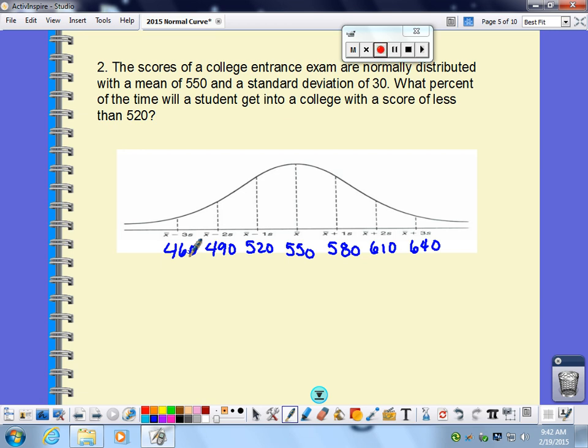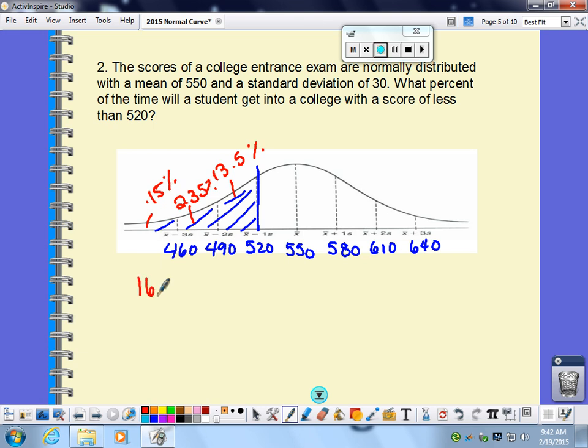All right, let's see what we want to do. What percent of the time will a student get into college with a score of less than 520? So you're looking for this area under the curve. What values correspond to that? This is 13.5, 2.35, and 0.15. So I'm going to add those three values together. Take a moment, add those three values.